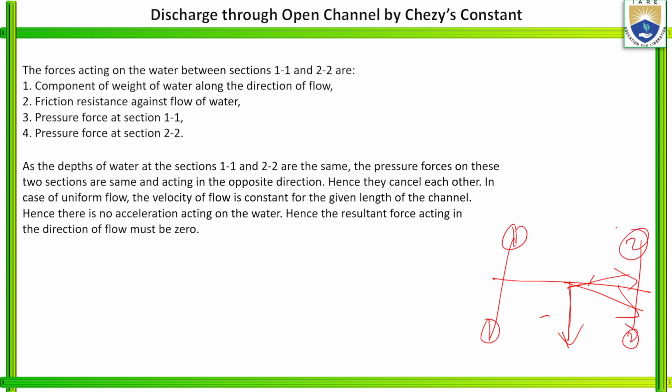This is the component of the weight of water along the direction of the flow, and this is our direction of the flow. These are the forces acting on the water between section 1-1 and section 2-2.